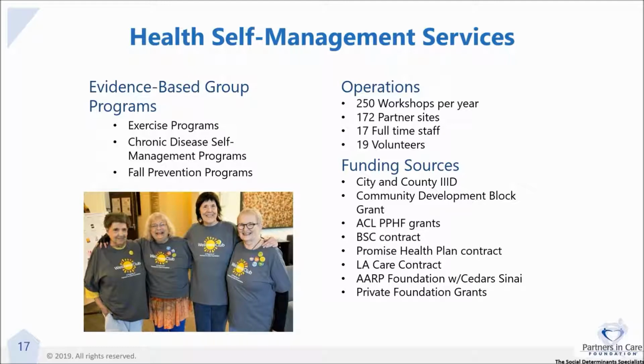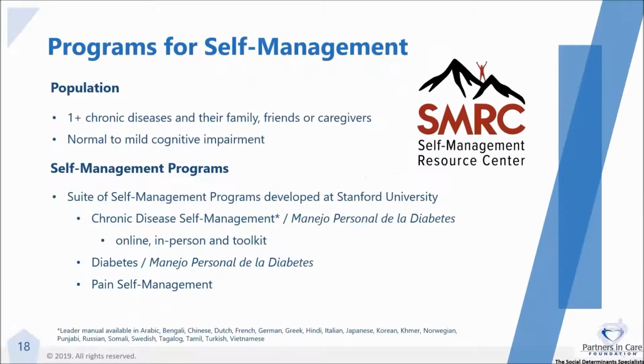We have 2 grants at this time from the Administration for Community Living, and some monies that come out of the Affordable Care Act, or Obamacare. We have a contract with a number of managed care plans, including Blue Shield of California, Promise Health Plan, and LA Care. And then we have some private foundation grants that also help to support the work that we do.